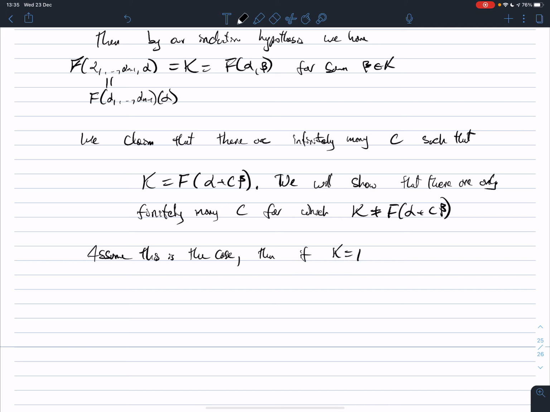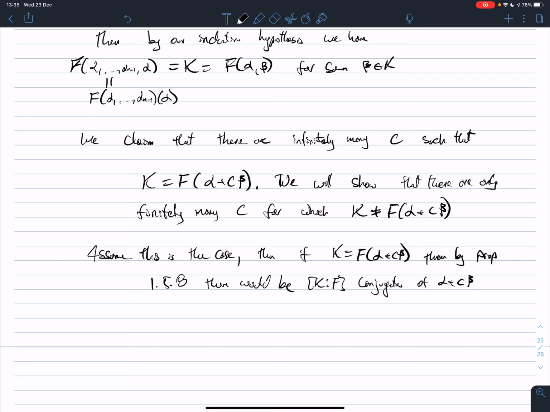If we had f equals, if we were in this situation, then by proposition 1.5.8, there would be this many conjugates of this number. But because we're assuming that this isn't the case, we must have less of them.